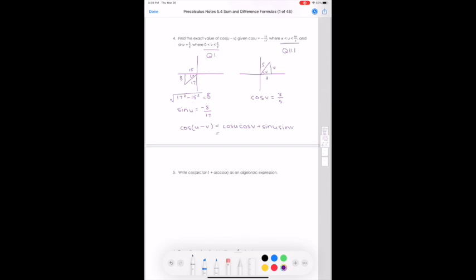So cosine u is negative 15 over 17. Cosine v is 3 over 5. Sine u is negative 8 over 17. And sine v is 4 over 5. Again, just simplify the fractions, combine them, and you're done.